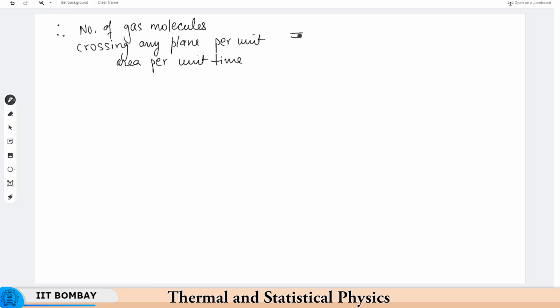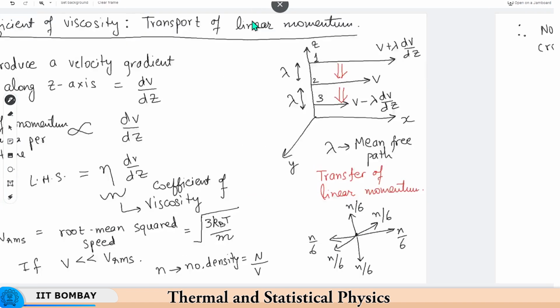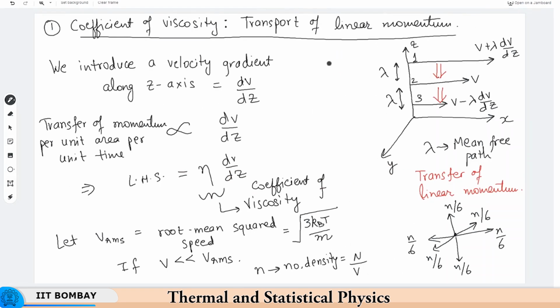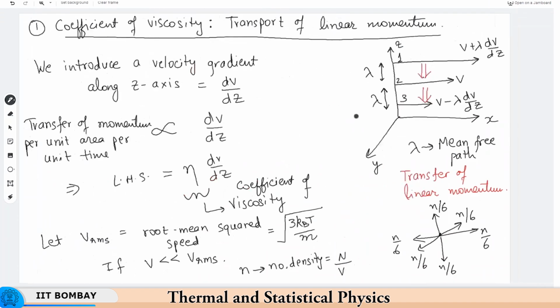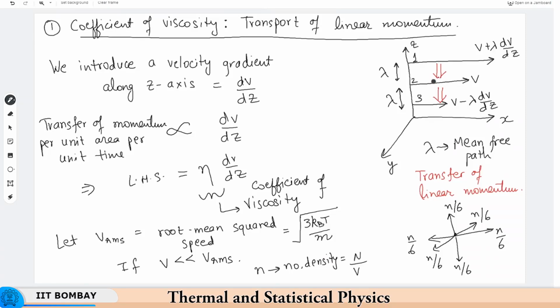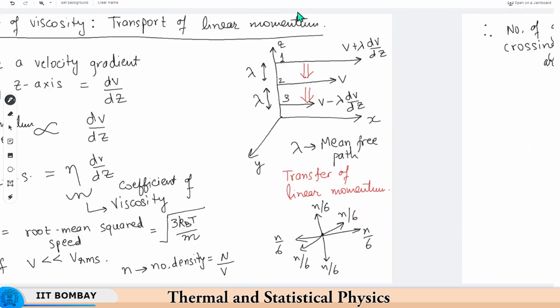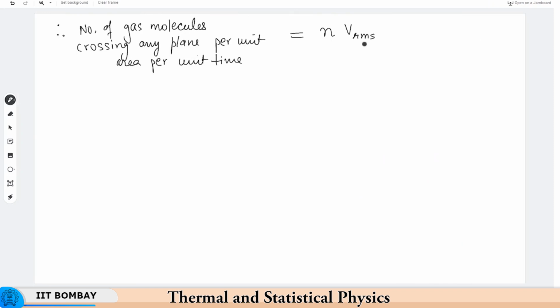Remember, n has dimensions of inverse volume, and if I multiply this small n with V RMS, I get the net number of gas molecules crossing any plane per unit area per unit time. That will be equal to n, the number density, times the root mean squared velocity, and this has dimensions of number per unit area per unit time. You can very easily check that.